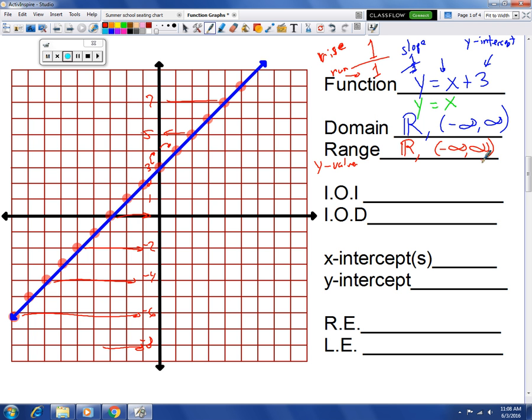So even though these are the same, range means down to up. The negative infinity to positive infinity for the domain is left to right. So you know they look the same, but they represent something different. All right, interval of increase.